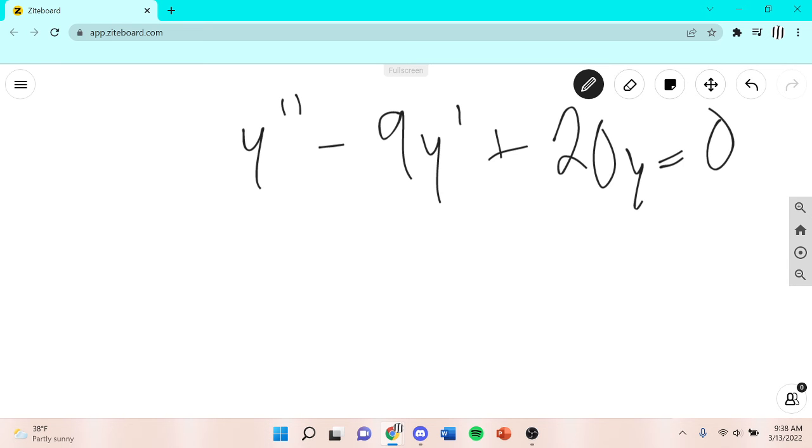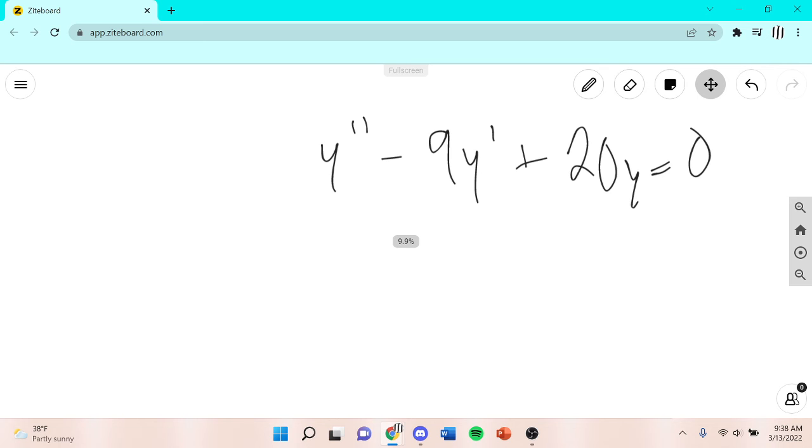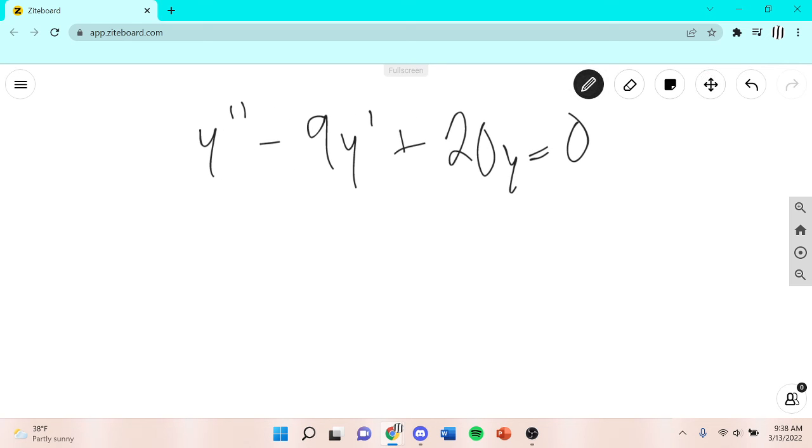Alright, so if you think about this, this kind of looks like a quadratic. I mean, if the double prime was a square and this first derivative was a linear term of y, it would just be y minus 4 times y minus 5 equals 0, and you're going to get the roots y equals 4 and y equals 5.